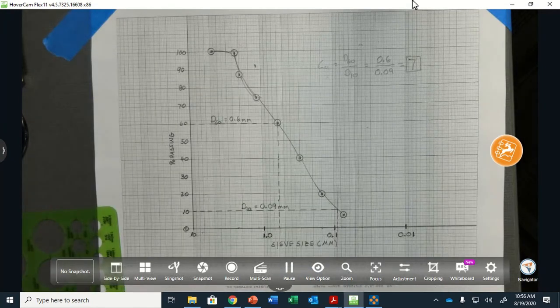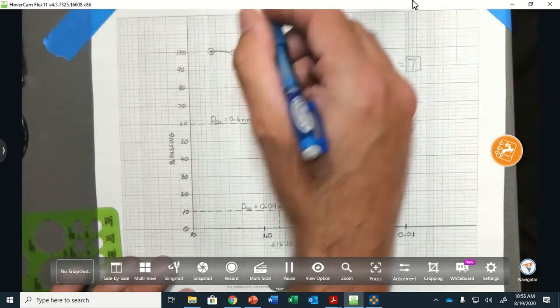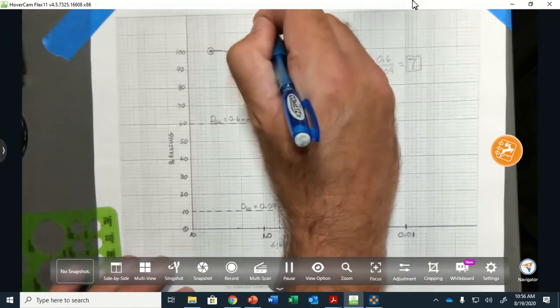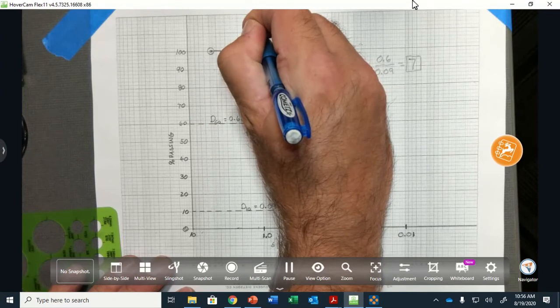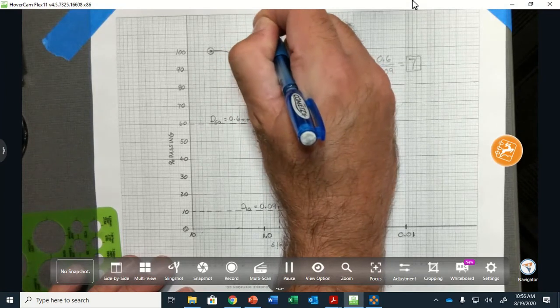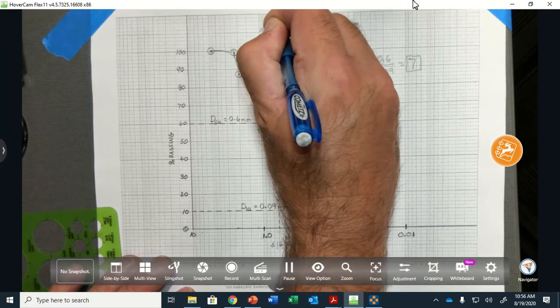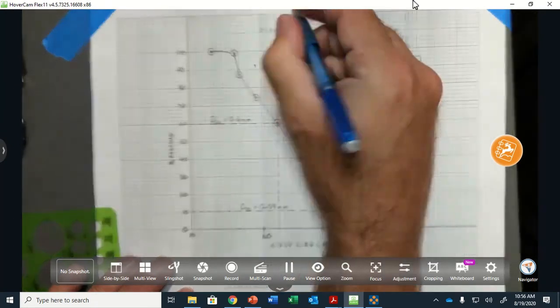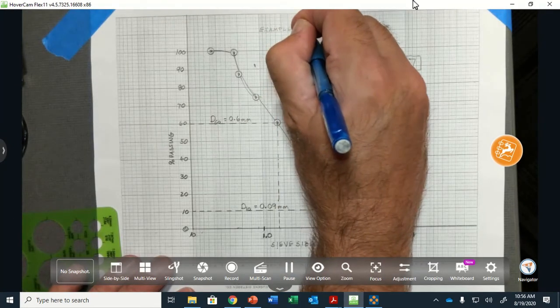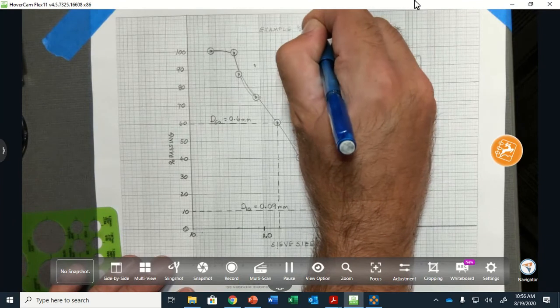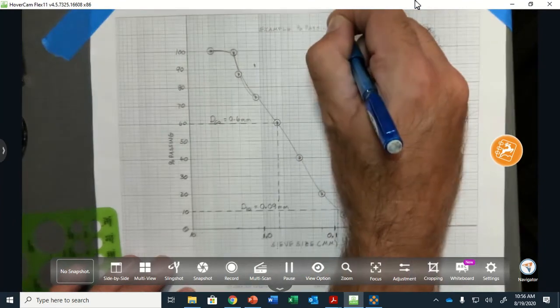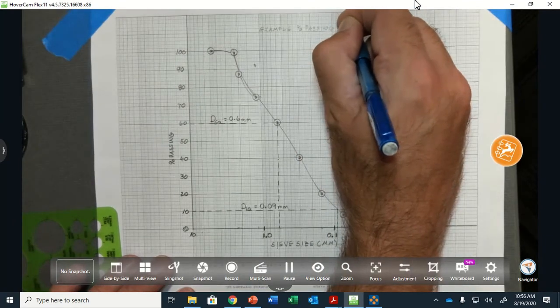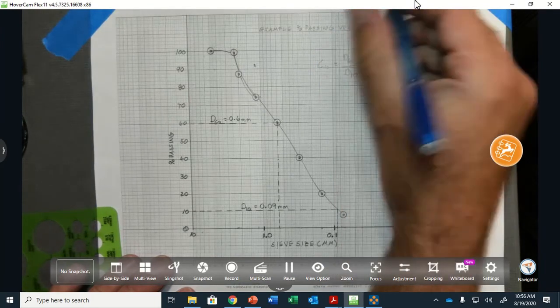Sieve size, grain size versus percent passing versus sieve. See, I have my guidelines here. Example, percent passing versus grain size.